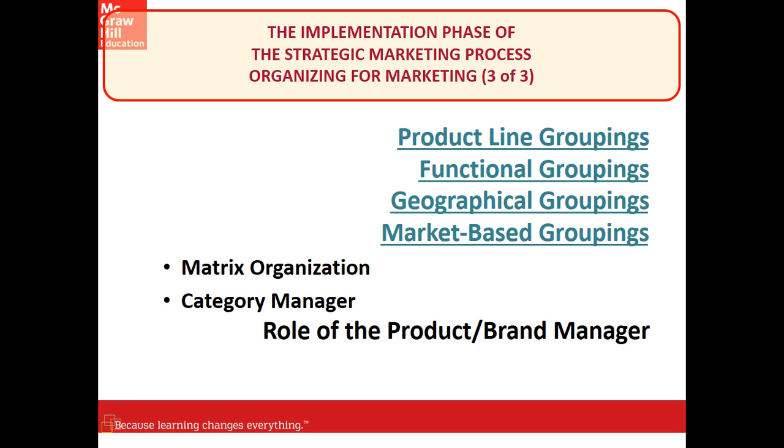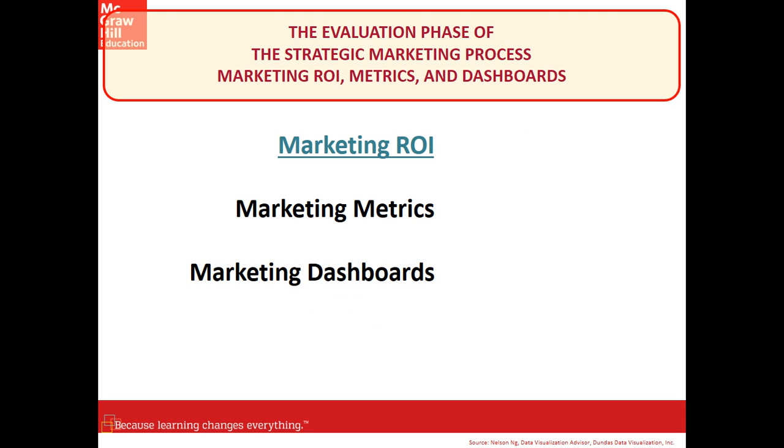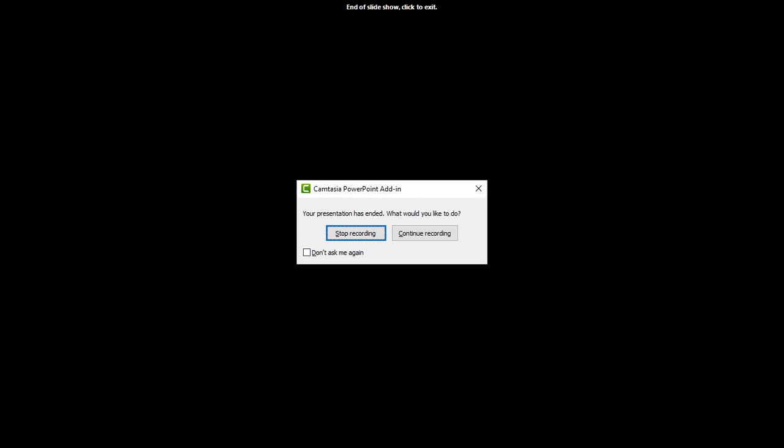And how do you organize your company for marketing, organization for marketing. What are product line groupings versus functional groupings versus geographical groupings versus market-based groupings? Okay. What is the category manager? Okay. The role of product manager, brand manager, category manager. Okay. And marketing dashboard, marketing ROI.